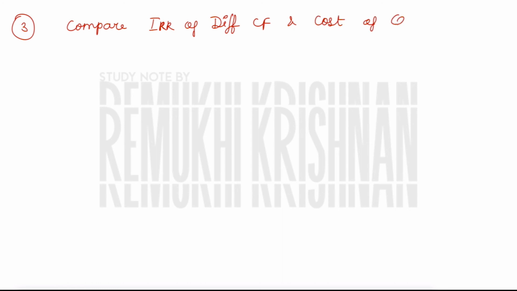The last step is nothing but the conclusion part, the selection part. Now I'm just going to compare the IRR of differential cash flows, which comes to be 16%, with my cost of capital, which comes to 10%.